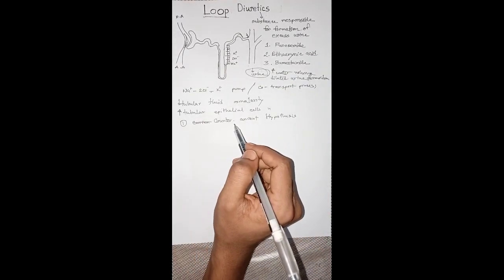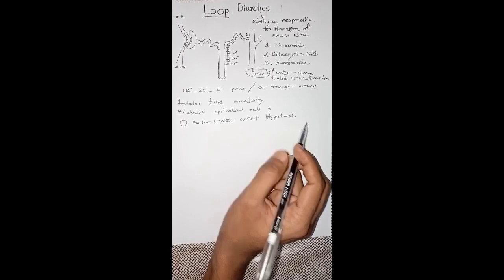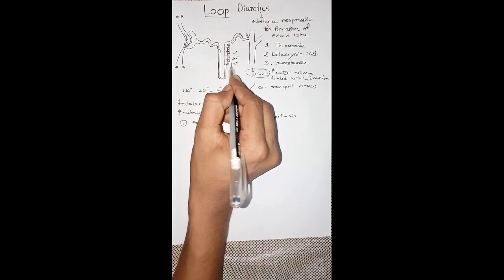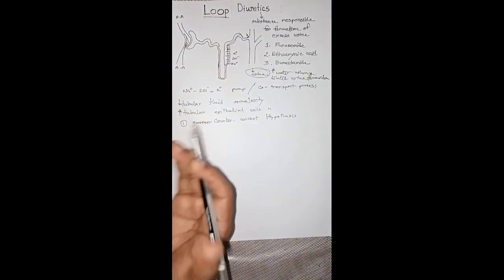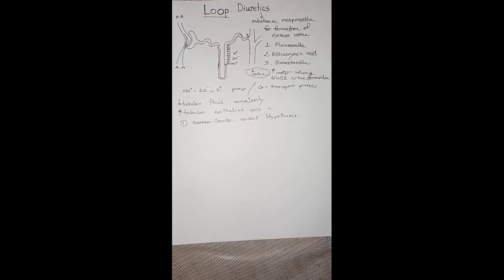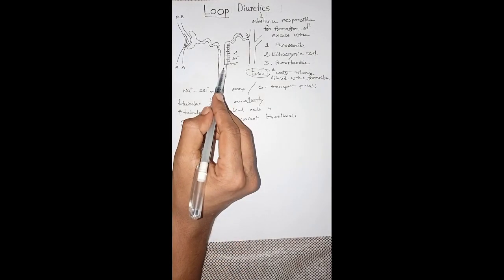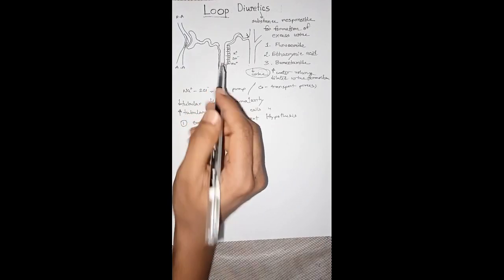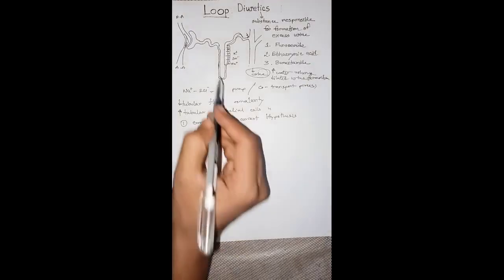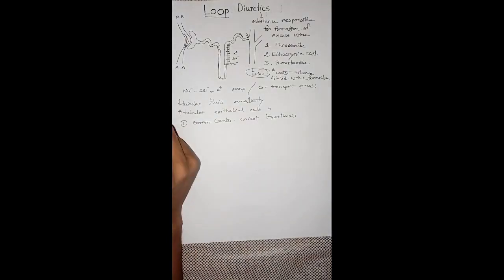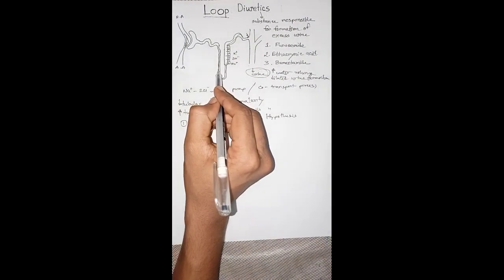From the countercurrent mechanism, the ascending portion of the loop of Henle pumps sodium, potassium and chloride from the tubular epithelial cells into the interstitial fluid. This means the medullary interstitial osmotic pressure increases, and this increased osmotic pressure causes reabsorption of water from the descending loop of Henle.